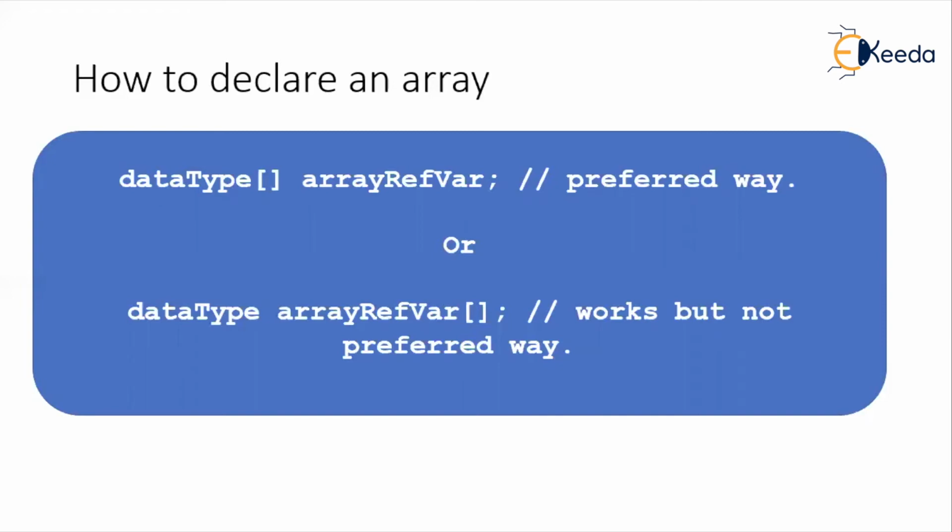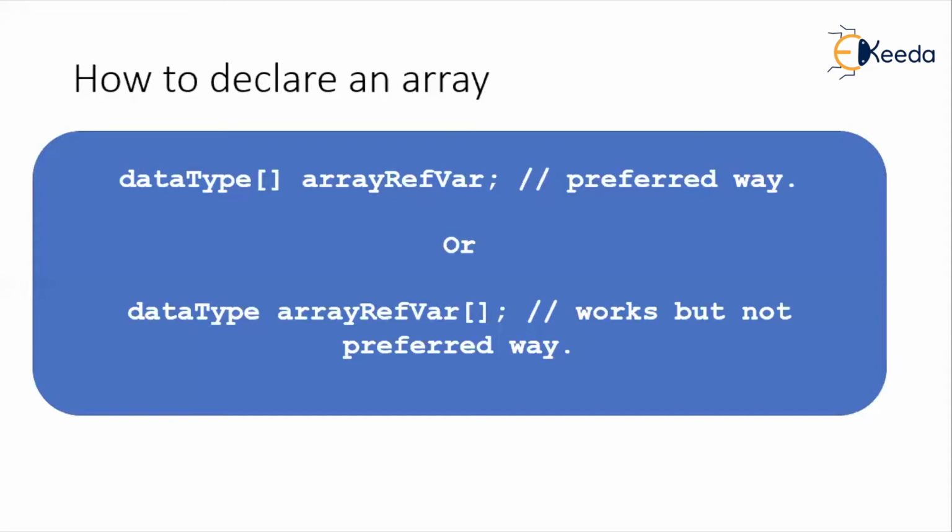This is how arrays are specified in the Java programming language. The second way works in Java but is not preferred, because data type, array name, and square bracket is inherited from C and C++. So this is how we are able to declare an array.